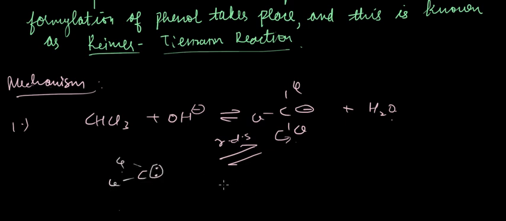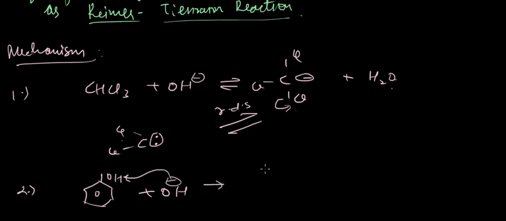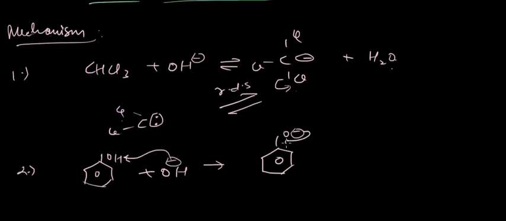Okay, so in the second step, what actually happens is we have the phenol group, and from the phenol group, OH minus takes off the hydrogen atom, so we get O minus. This O minus brings its lone pair into resonance with the conjugated pi electrons, so we'll get something like this.